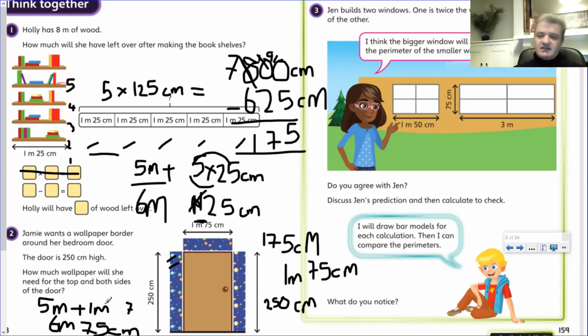Okay, let's have a look at question 3. Jen builds 2 windows. One is twice the width of the other. I think the bigger window will have double the perimeter of the smaller window. Let's have a look. So let's have a look at the windows.